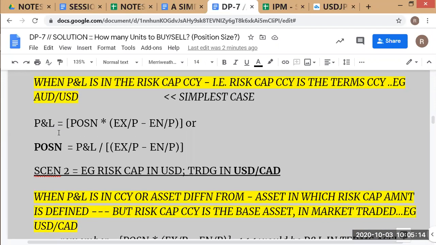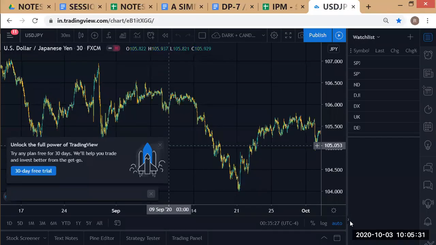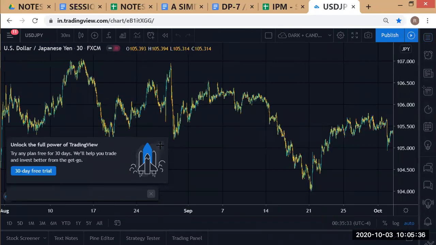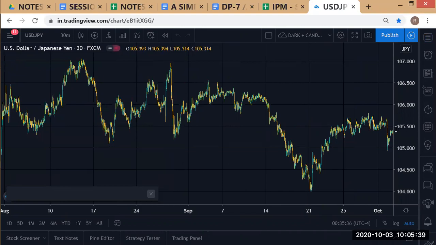So trade P&L is the number of units times exit minus entry. If you enter short positions, you enter the position size as a negative figure. Take dollar yen: if I'm going short at 105.50 and stopping out at 106, the stop is higher than the current market.